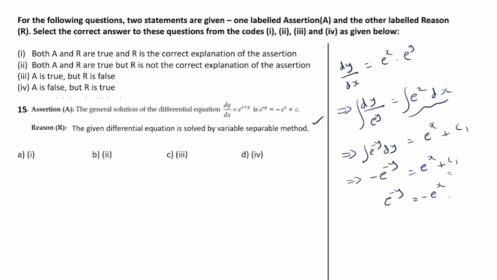Instead of minus c1, let us put plus c, where c equal to minus c1. So here this is the general solution, e raised to minus y equal to minus e raised to x plus c. So the assertion is also true. Here both A and R are true, and R is the correct explanation of the assertion. So the correct option is option A.